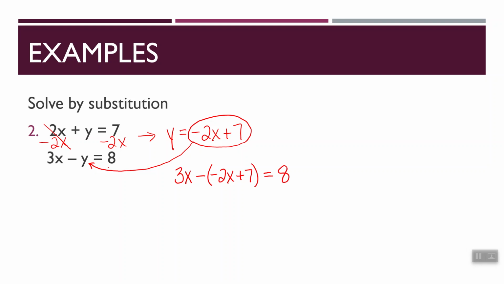And because this equation now just contains x's, I can pretty easily solve for x. Remember, this is like having a negative 1 out in front, so I'm going to distribute that through the parentheses. So 3x plus 2x minus 7 equals 8. I'm going to solve this equation.